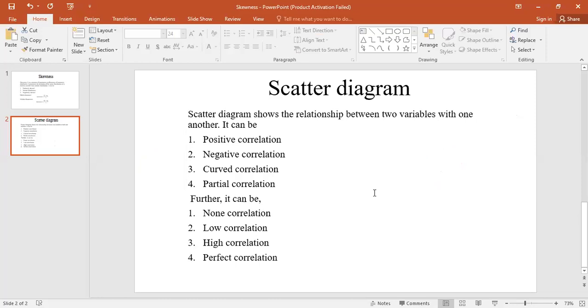So these are 3 types of correlation. After that, we have also positive correlation, negative correlation, curved correlation, and partial correlation. That means the relationship is partial. So we can draw here.